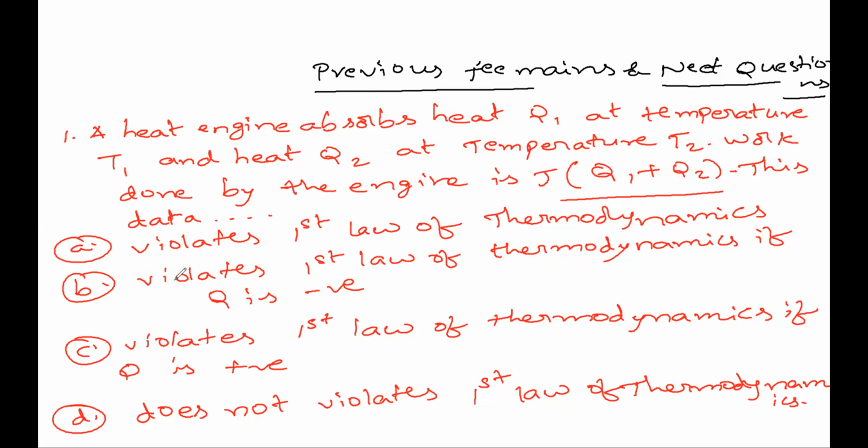But they have given total energy, that is J into Q1 plus Q2. That is possible only for an ideal heat engine, and in general there is no ideal heat engine, which is 100% efficiency. So some mechanical energy will be lost to other forms of energy. That's why it violates first law of thermodynamics.